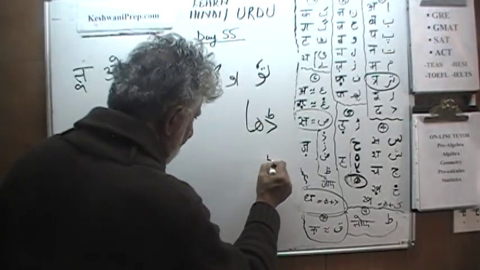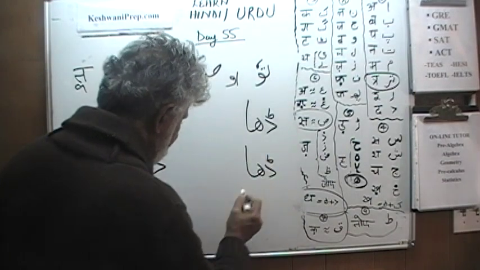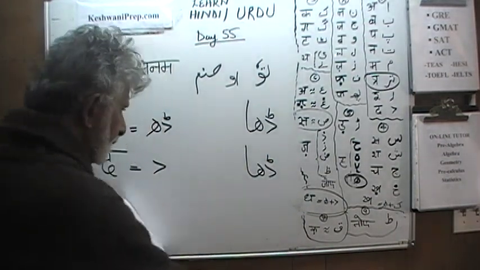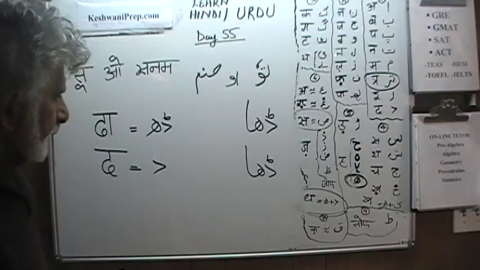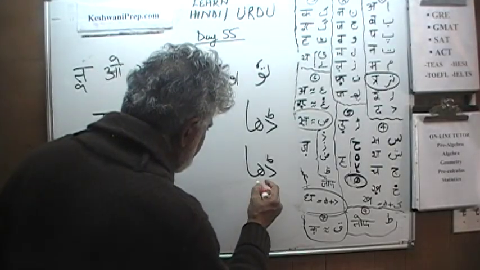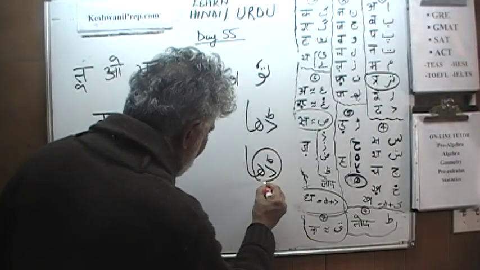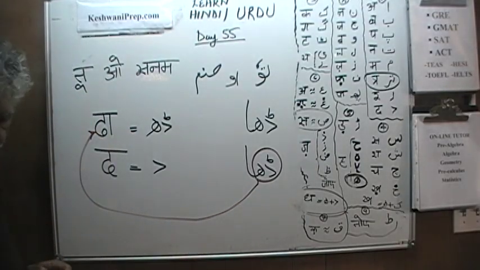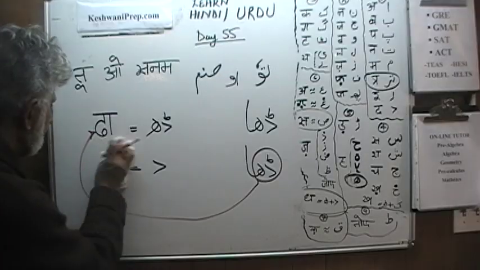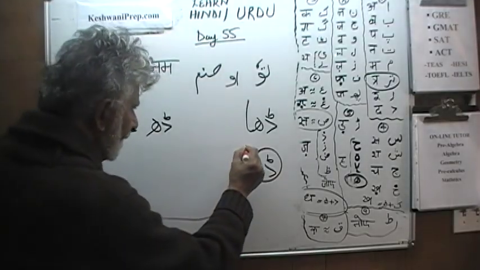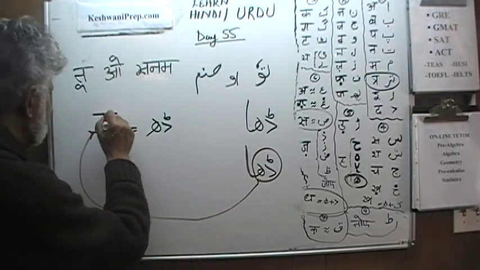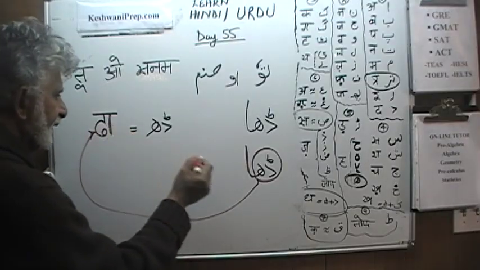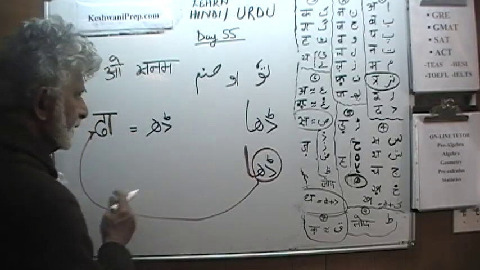When we write like this, I want you to understand that this beginning part here, all of that is one letter, which is this letter right here. And then when we put an alif next to it, that's when it becomes a da. This right here is the aki matra.